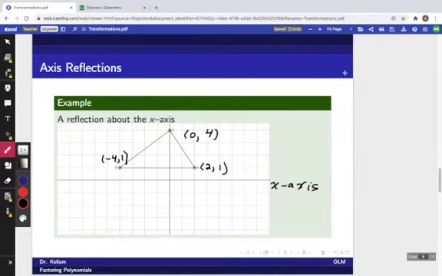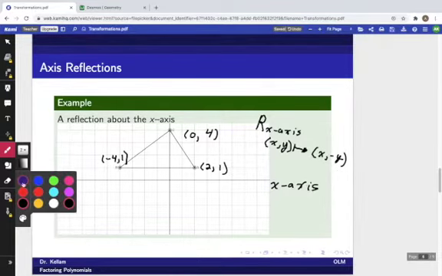Now, if I want to reflect about the x-axis, the notation would be capital R, x-axis. What this does is it takes any point I have, which is x, y, and shifts that point over to the point x, negative y. So that is exactly what we are going to do here.